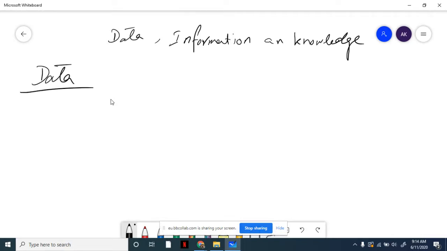What do you think? What is data? Any one of you, if you can tell me in your own words, what is data? Data is any information regarding a certain thing. For example, data about books, information about books.